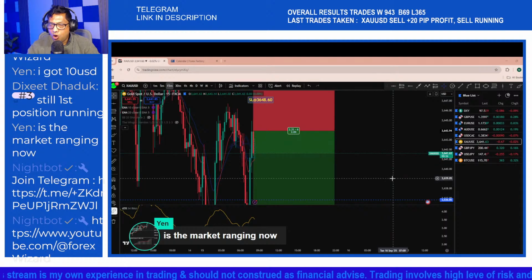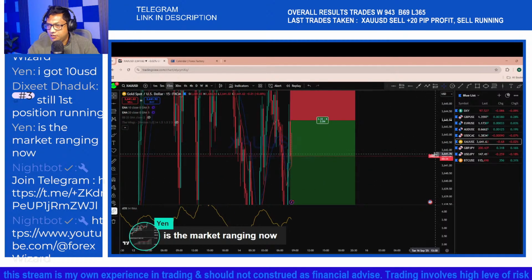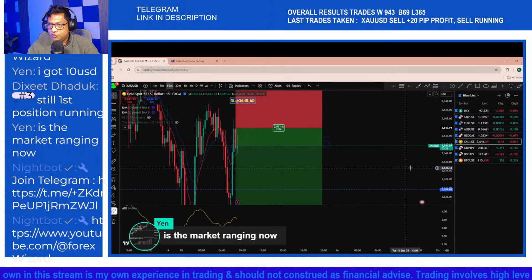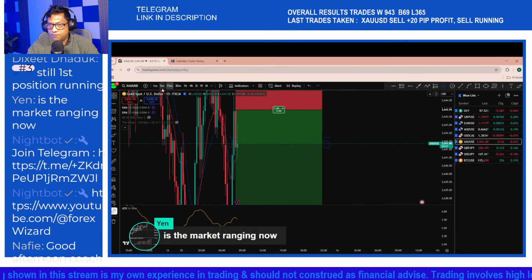Now with a long wick candlestick pattern here, we see the market is slowly trying to build that pressure back below.